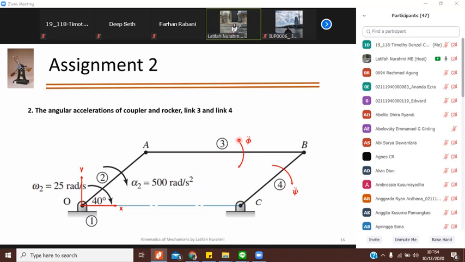The coupler link will have the direction like this as well for the phi double dot, and the output link is psi double dot like this. Remember, I told you that because the input and the output have the same length of link, any velocity from the input will be the same for the output, either the angular or the linear, both accelerations and velocity.